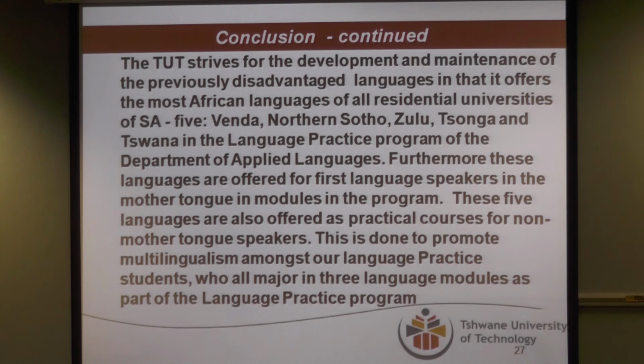And that is towards the maintenance of these languages. If these languages are not taught, they will not be developed or maintained. Furthermore, these languages are offered for first language speakers in a mother tongue in modules in the program. They are also offered as practical language courses for non-mother tongue speakers.